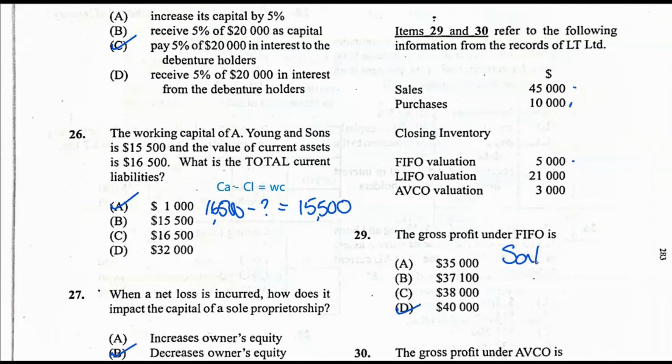So sales, 45,000, bring it across here. Right, purchases, 10,000, less the closing stock. And in this case, first in first out valuation 5,000.